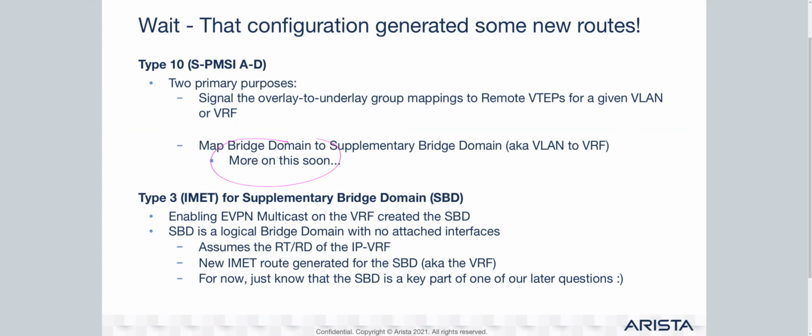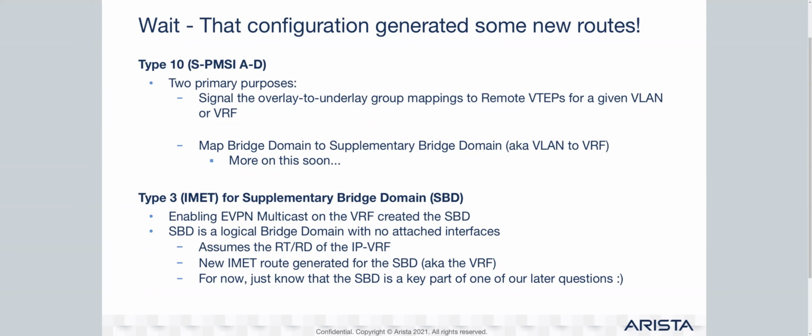As it calls out here, more on this soon, that has to do with how receiving VTEPs forward the feeds to their locally attached receivers. But just remember these two primary purposes of the type 10 route: one, overlay to underlay multicast group mappings, and two, mapping VLANs to VRFs amongst all the VTEPs.